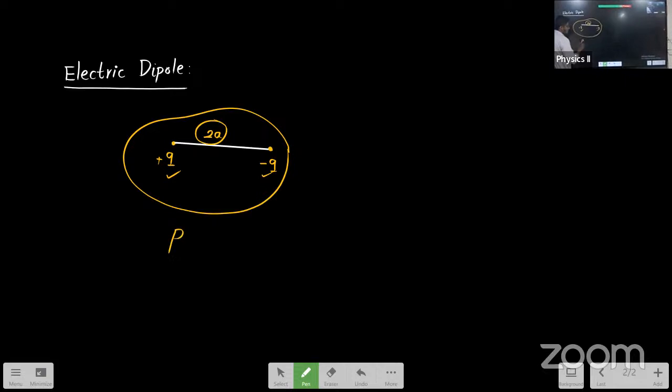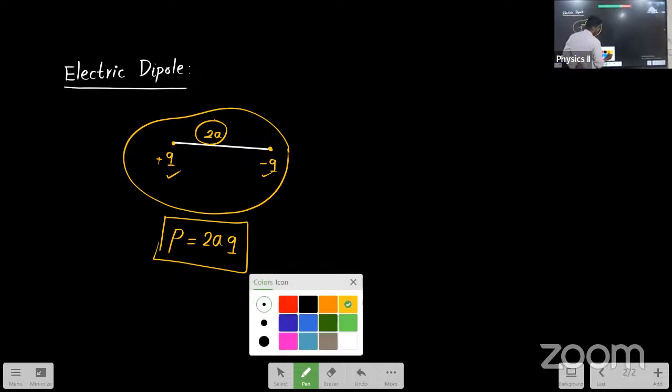It is given as the length of the dipole into any one charge. I am taking here the positive charge. So this is the formula for electric dipole moment. Remember this, we will be using this formula while obtaining the expression for electric field intensity along the axial line and electric field intensity along the equatorial plane. I hope everyone has understood the definition for electric dipole. So what is the definition for electric dipole?